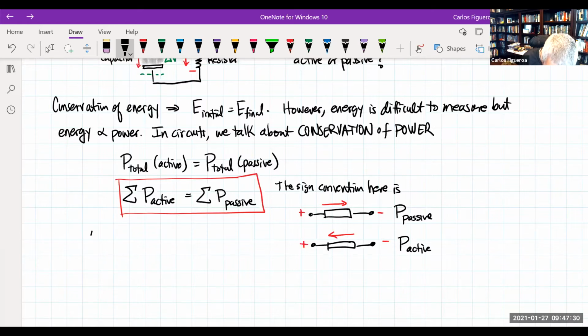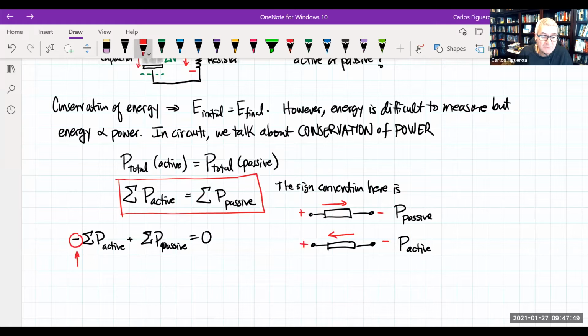Another way that we can write this is that we could just say all of the active powers minus plus all of the passive powers equals 0. So automatically, I know that there's a minus sign for all active powers.